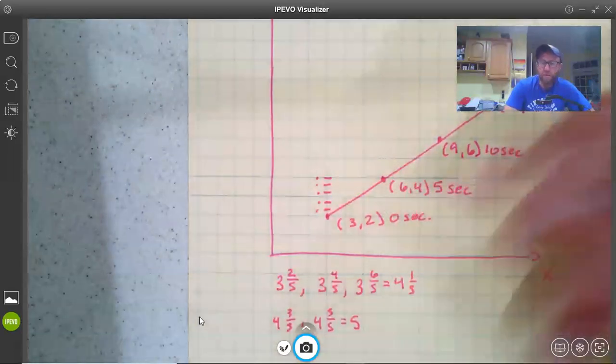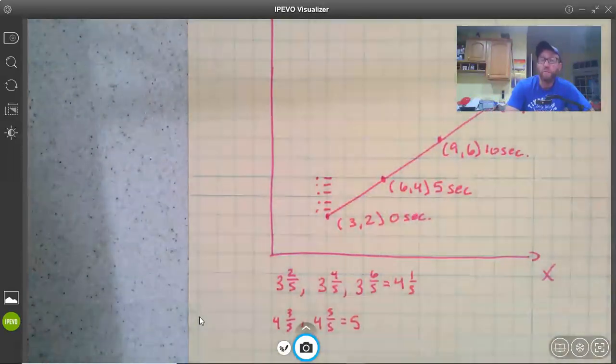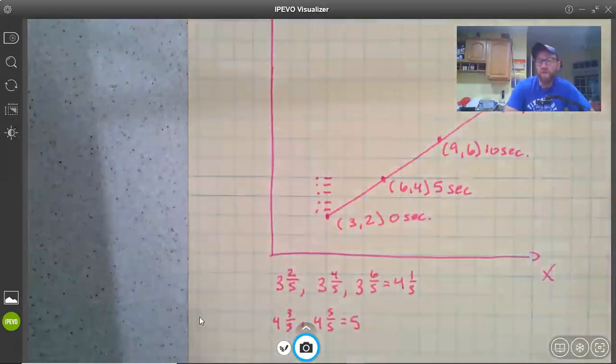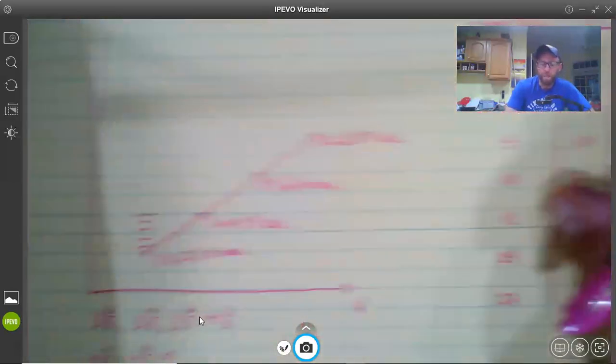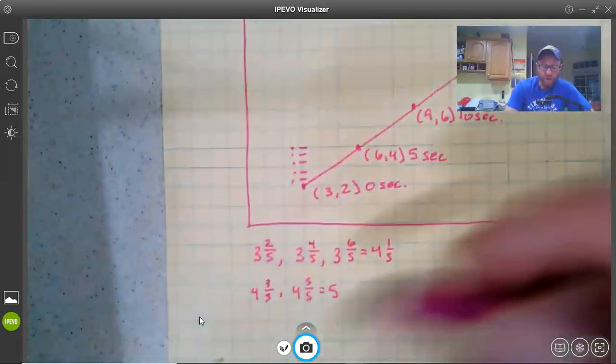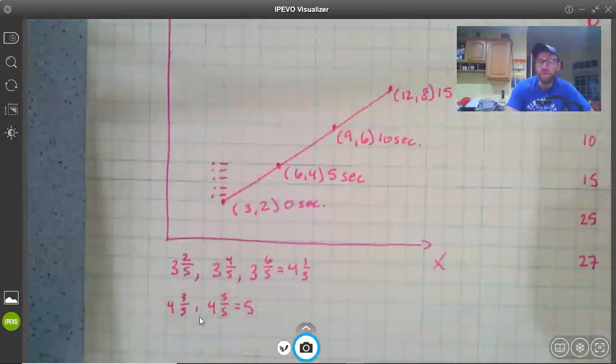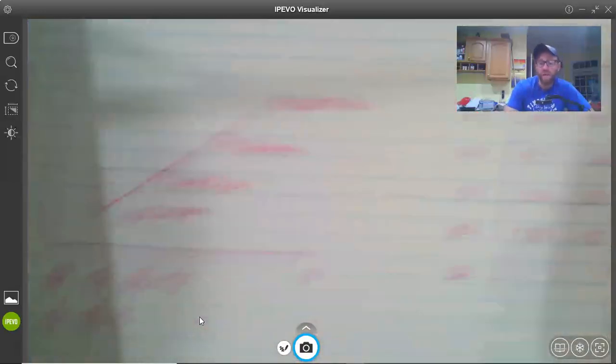So 2 spaces of upward movement divided by 5 seconds will be 2/5 of a unit per second. And we can verify just by adding it over and over again that we get from 3 to 5, or from 2 to 4 in 5 seconds.